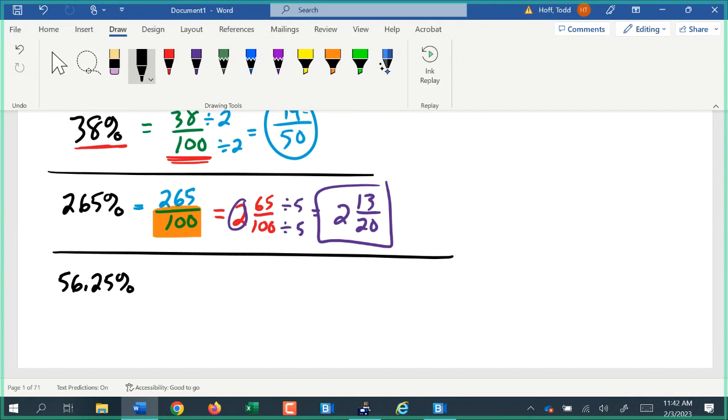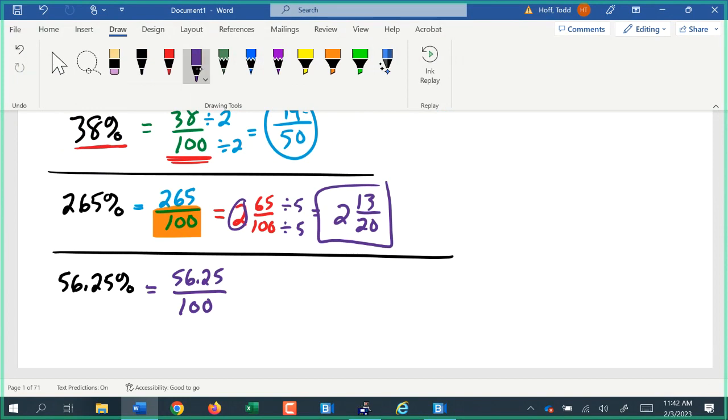We might have something like 56.25%. Again, converting it into a ratio or into that fractional form, it is 56.25 over 100. Now, we do not like having decimals within our ratio, within our fraction form like that.